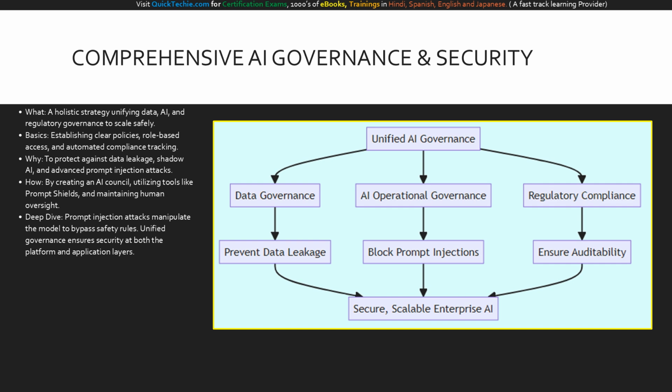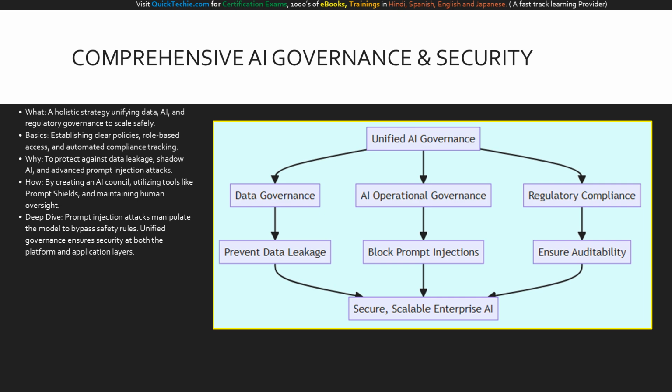AI operational governance targets active threats, flowing into block prompt injections to stop bad actors from hijacking your models. Lastly, regulatory compliance ensures you can ensure auditability to satisfy legal frameworks. All three of these protective streams converge into the ultimate goal at the bottom: secure, scalable enterprise AI.